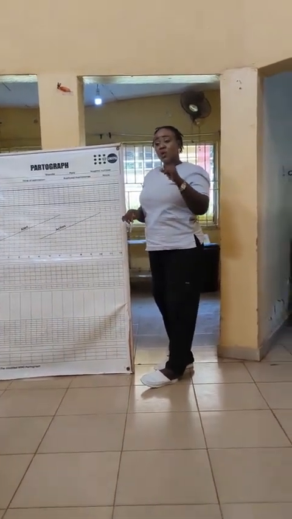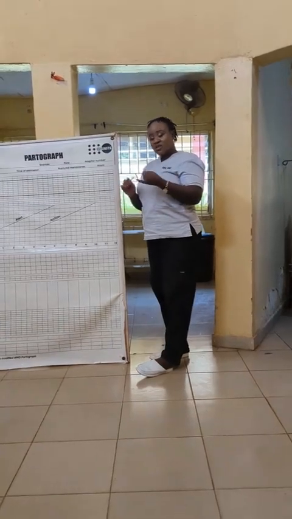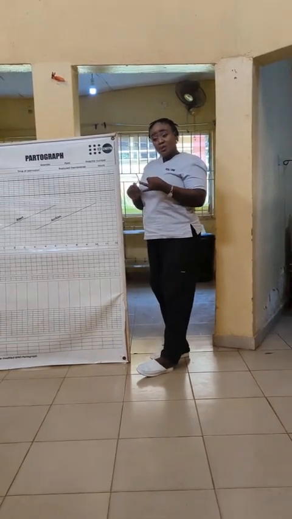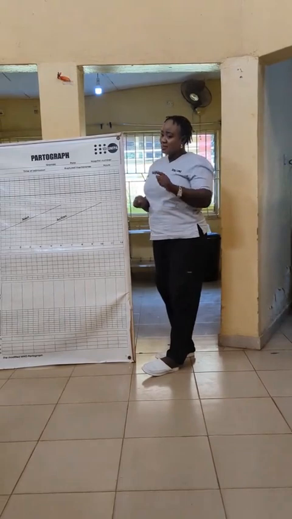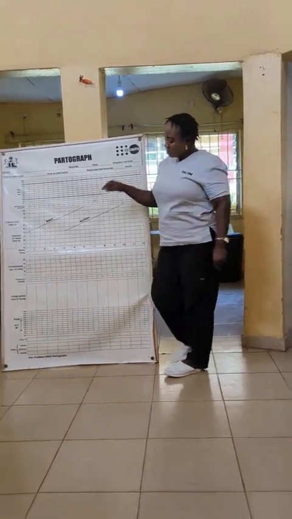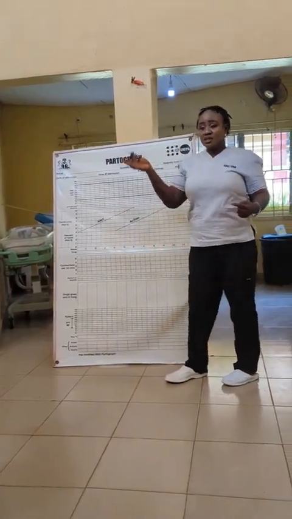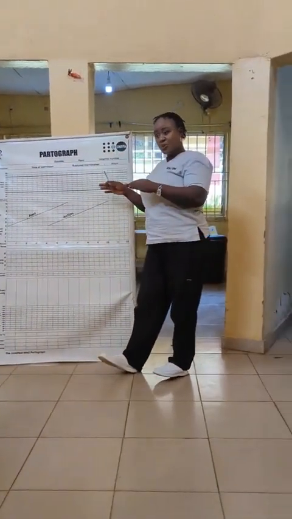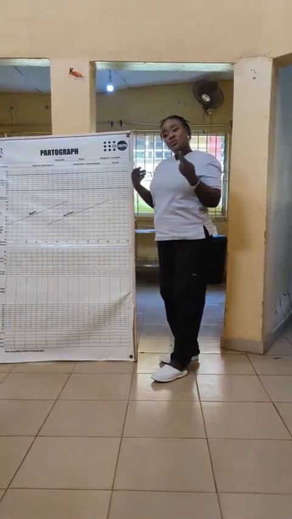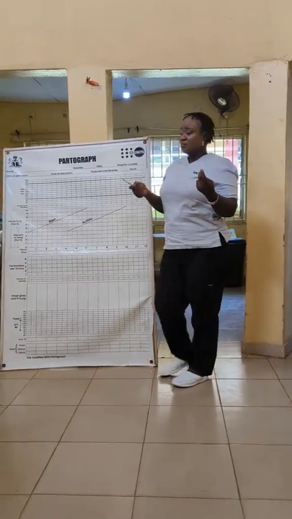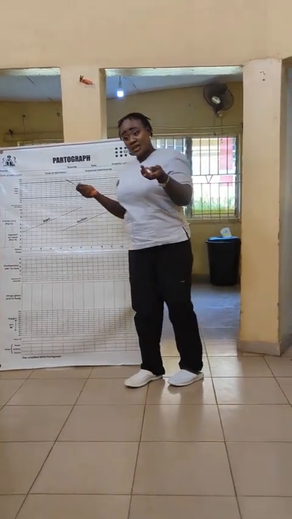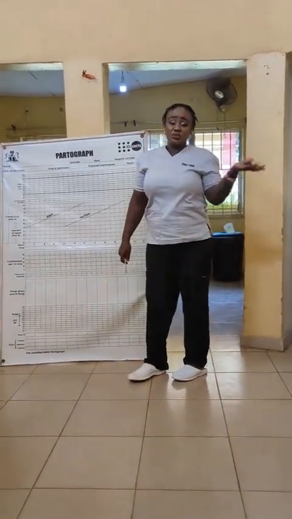You also check for the color. If it's concentrated, if it's bloody, all those things are communicating something to us. If it's concentrated, it could be that she's dehydrated, and you just need to rehydrate her with IV fluid. If it's bloody, you know what to do, whether the bladder has been traumatized or the labor is being obstructed.